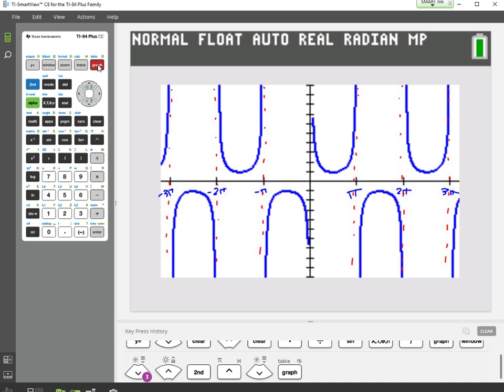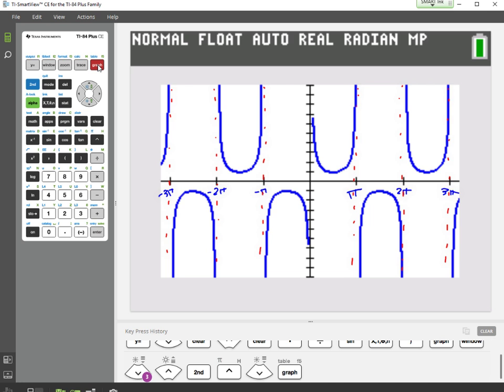Good job. So like this, why the asymptotes?